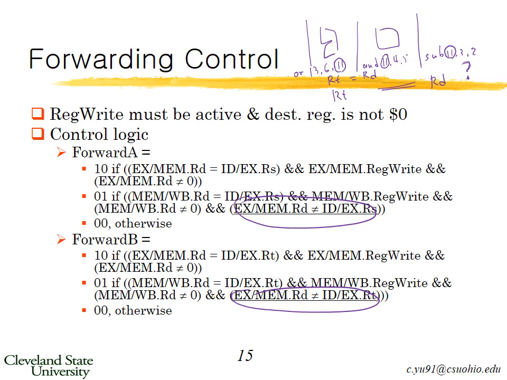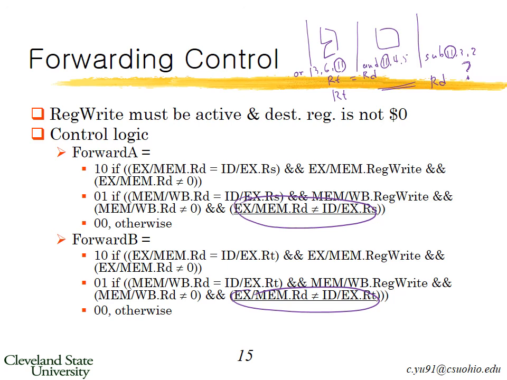Since the condition is satisfied in both places, you may want to get the feedback from both, which is obviously not possible. You need to give preference to the later instruction, because the later instruction gives you more up-to-date data. That's why we have an additional condition, which is the circle.